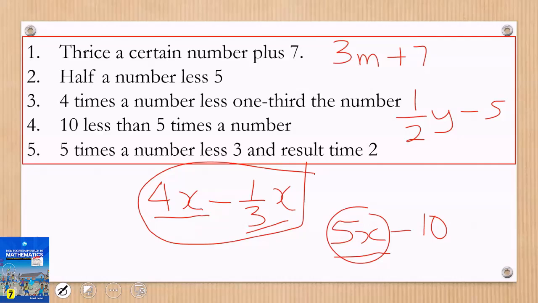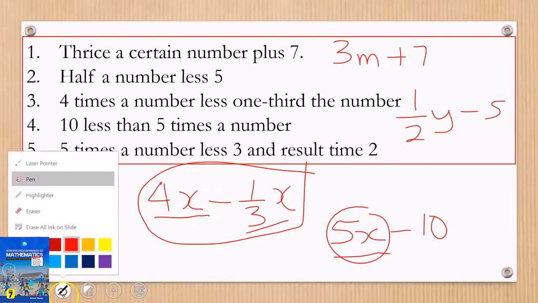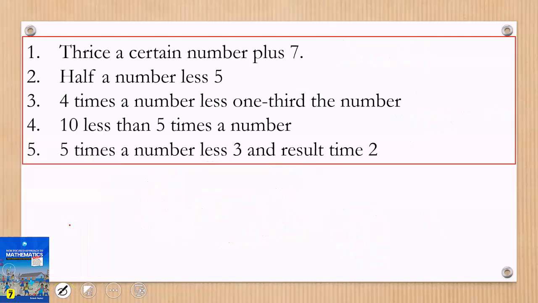Then the last one, we say 5 times a number less 3, and the result is 2. Look at this one: 5 times a number less 3. And the result, so we introduce the result times 2.